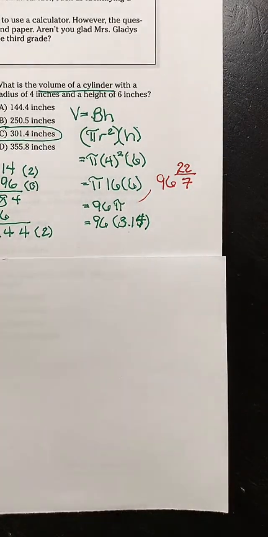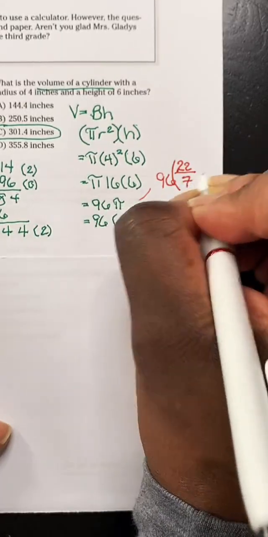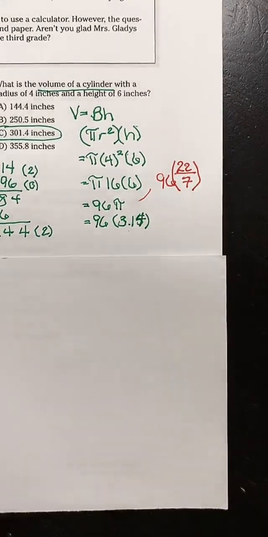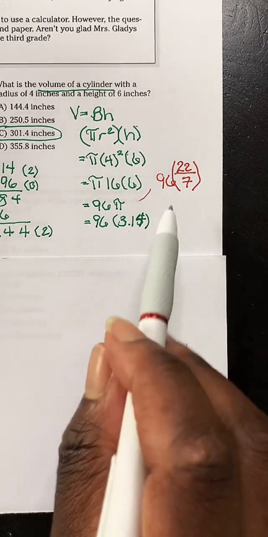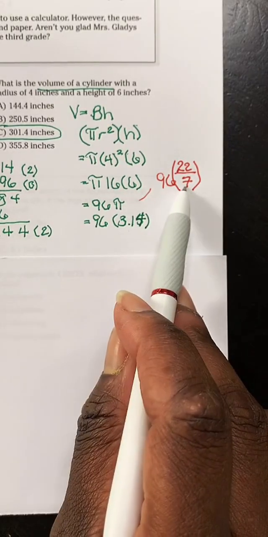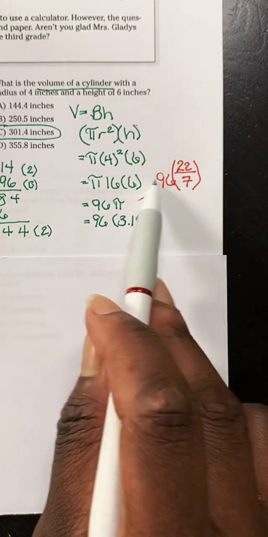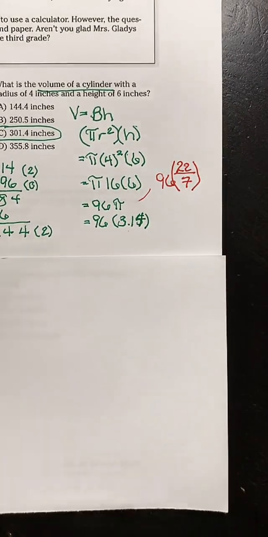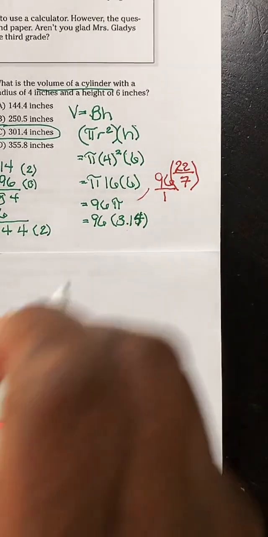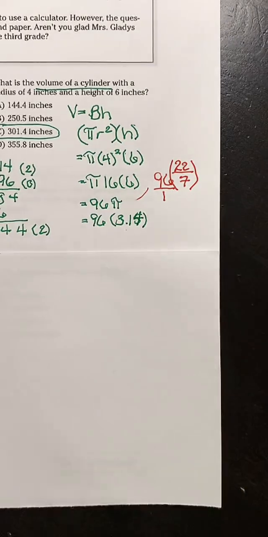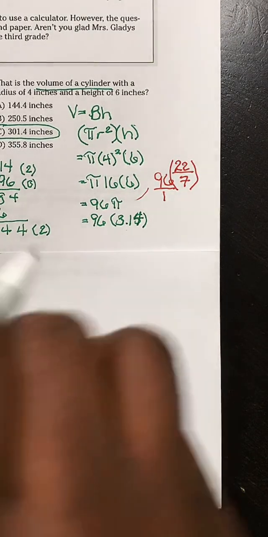So in order for us to multiply a whole number with a fraction, I'm going to see, because I can't really divide this evenly, that's going to give me a decimal. So that means I need to put this 96 over 1. And then we're going to have to multiply the 96 times the 22.